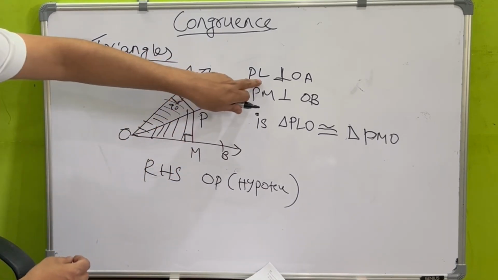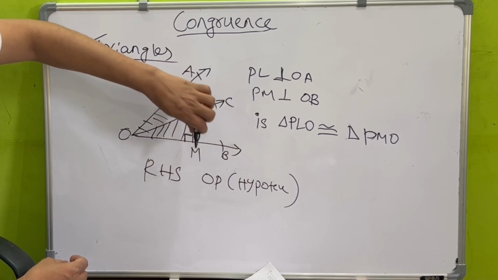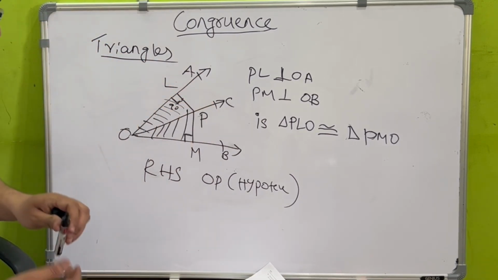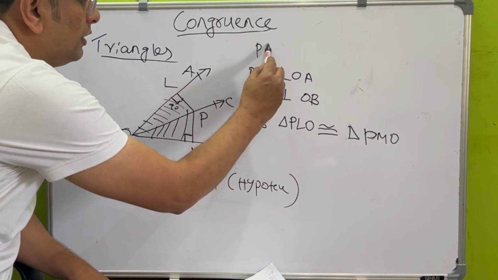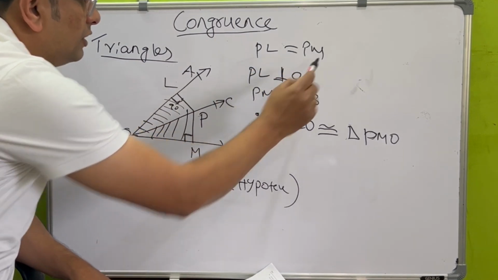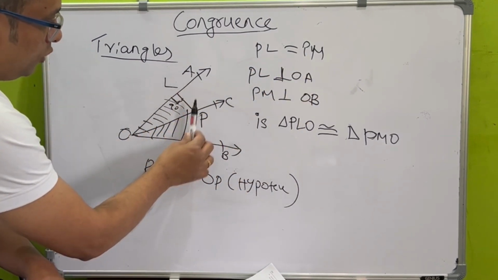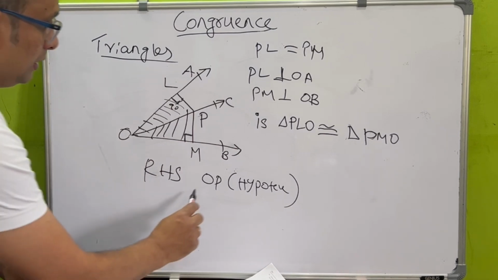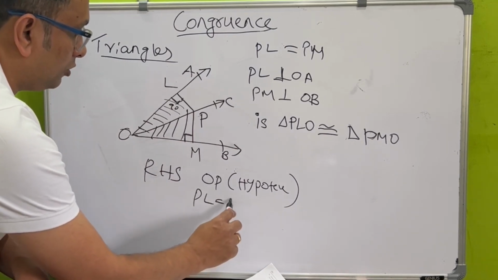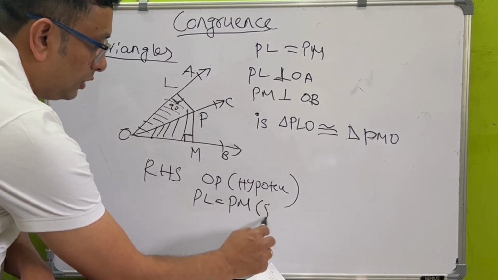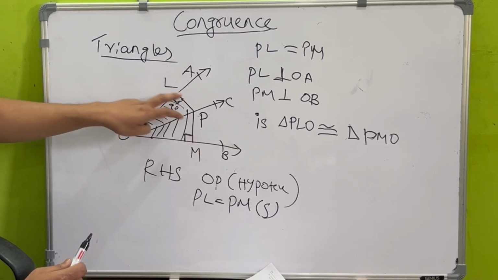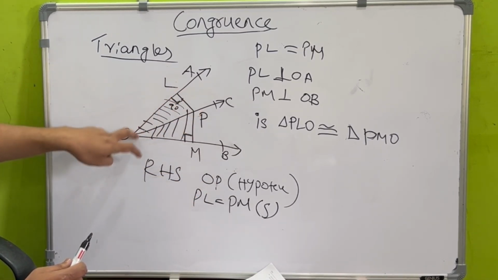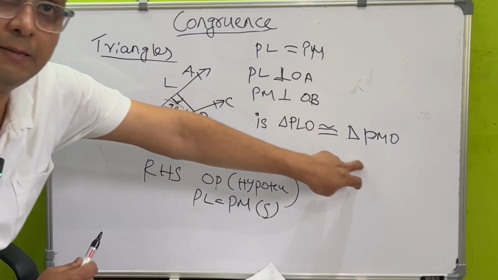Here they are already given PL is equal to PM. I forgot to mention that, they have given that in the question itself. So these two are equal. So one side, PL equal to PM, is equal. Based on the fourth condition, we can say PLO is congruent to PMO.